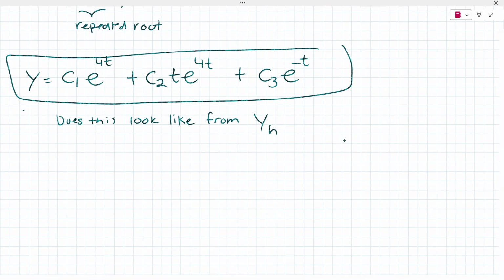The c1 e to the 4t does look like from yh. Yes, right here. So it's a guess for the particular solution.